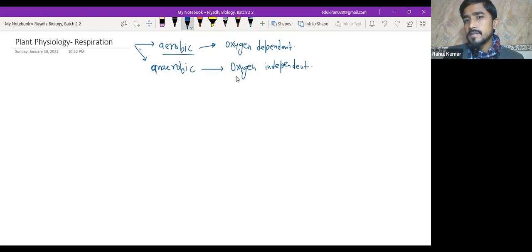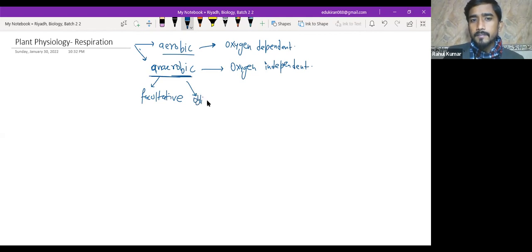Why am I using the terms oxygen dependent and oxygen independent? There are two types of anaerobes also. One is called facultative anaerobes. This is in microbiology; for bacteria, we use these terms. And one is called obligate anaerobe.